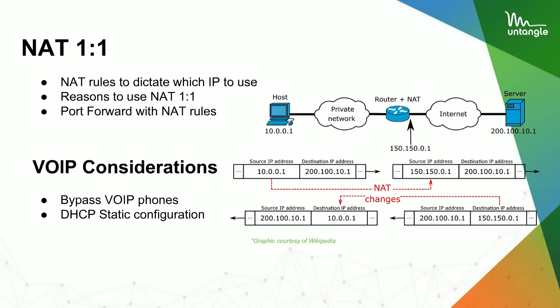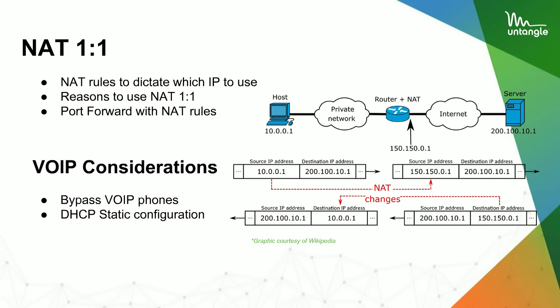It's a way for you to dictate what internal traffic will be presenting on the external side for its IP address. Most common use case for this is if you have multiple public IP addresses available and you want to assign specific services to present on a specific public IP.